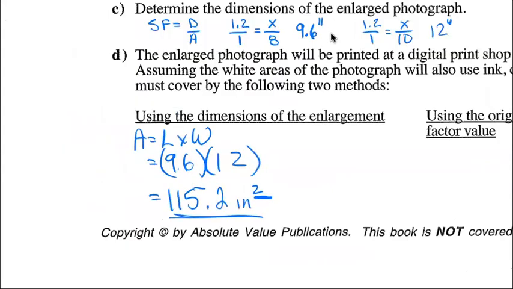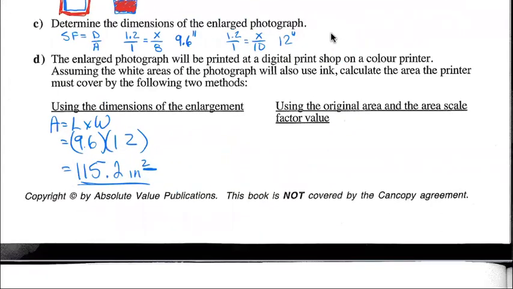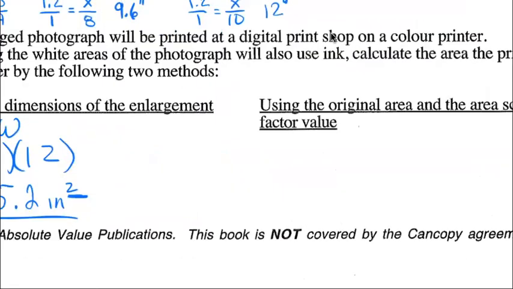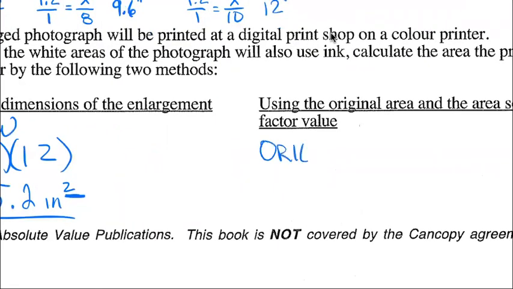And then the other way, using the original area and the area scale factor. So our original area was 8 by 10, or 80.